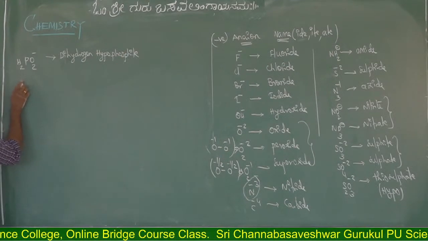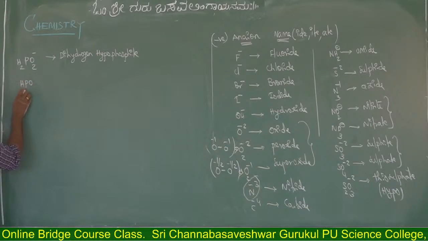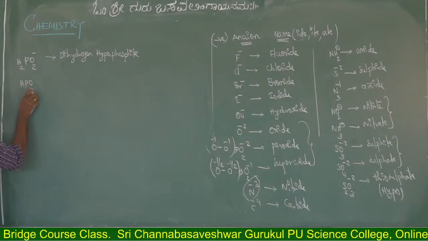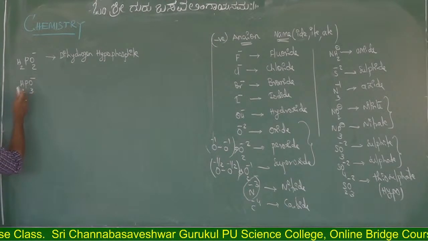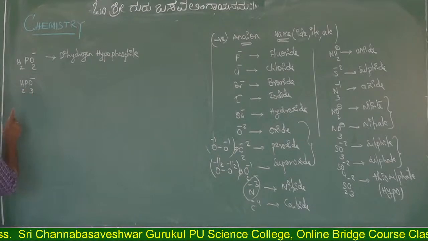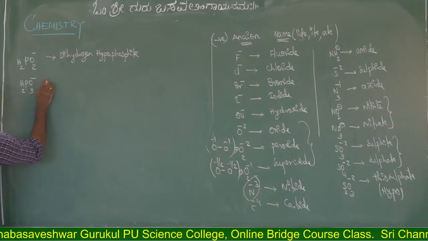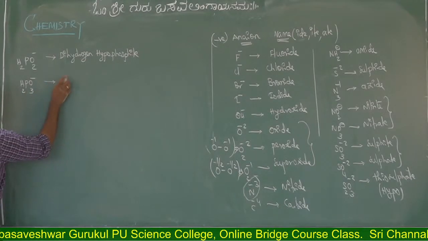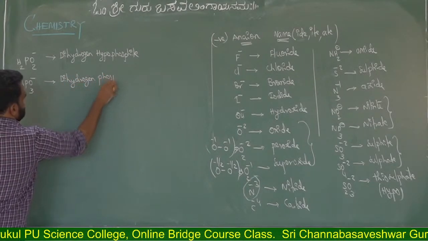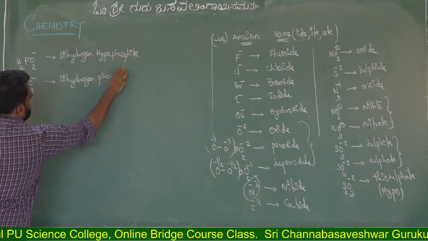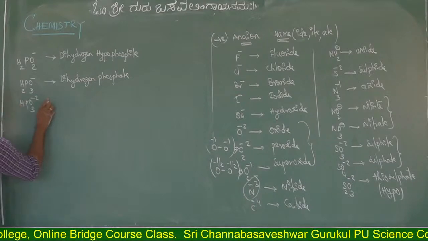Next here you can take HPO3 minus 2. This is phosphate. Dihydrogen hypophosphate and dihydrogen phosphate. We can write monohydrogen also, HPO3 minus 2.